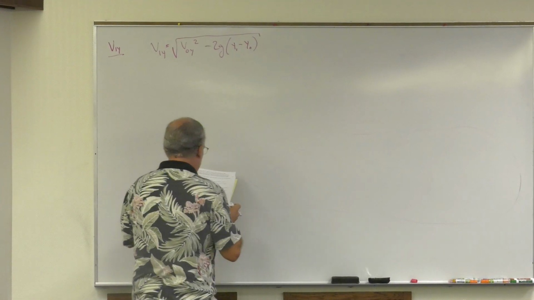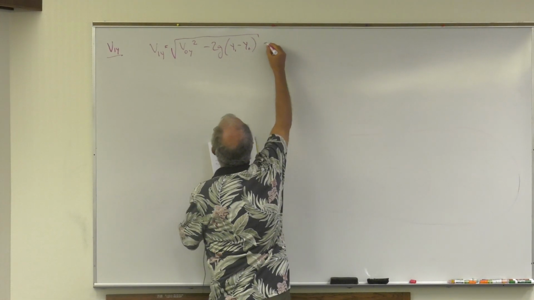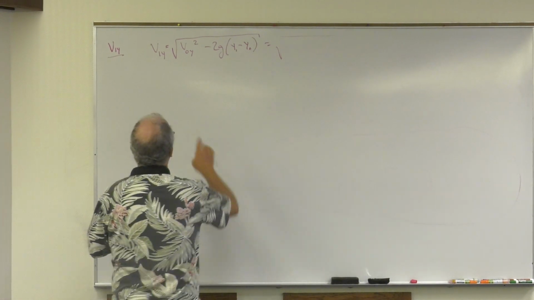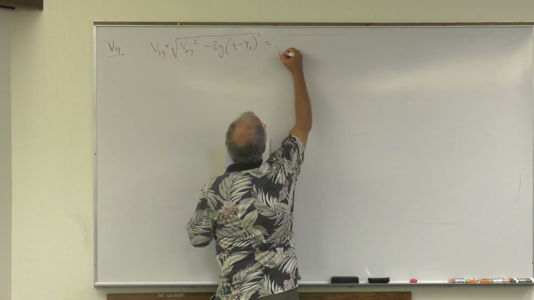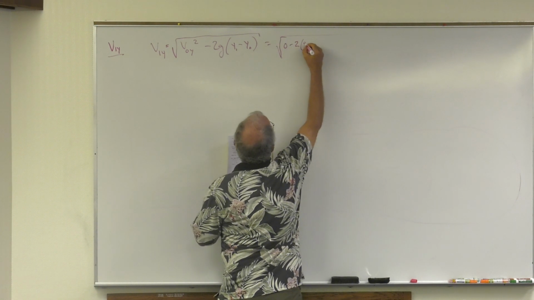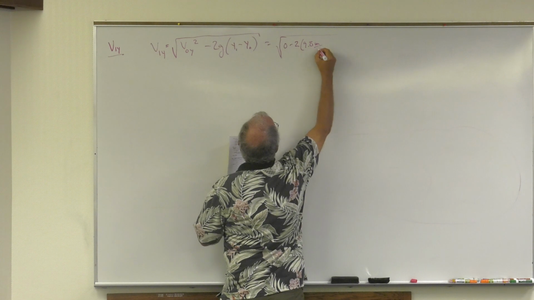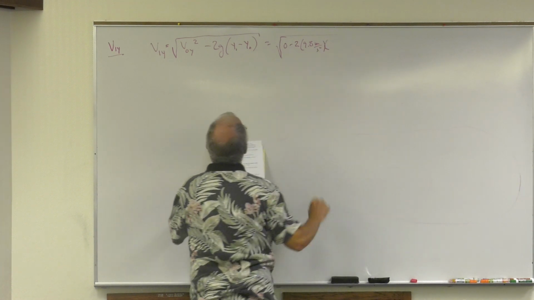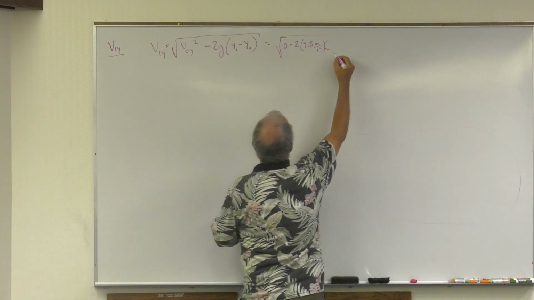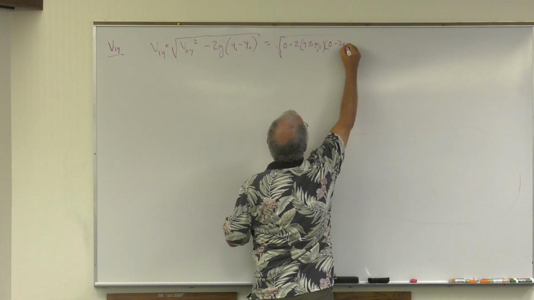Okay, v0 is 0, so we get 0 minus 2 times 9.8 meters per second squared. y1 is 0, so we get 0 minus 2 meters.